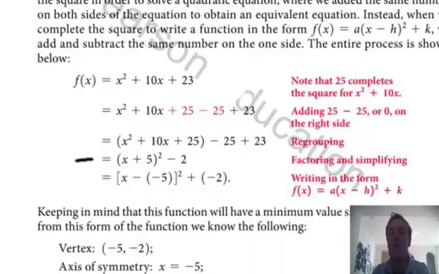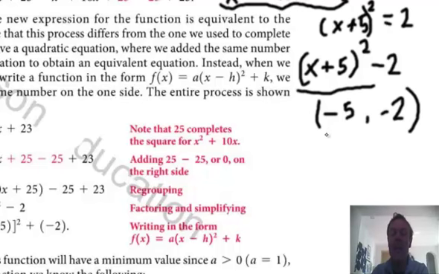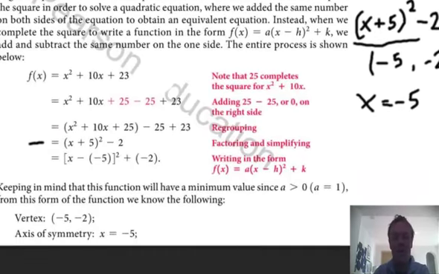So the vertex is going to be negative 5, negative 2, remember that from previously. The axis of symmetry is going to be x equals negative 5, and we have all the information down here.